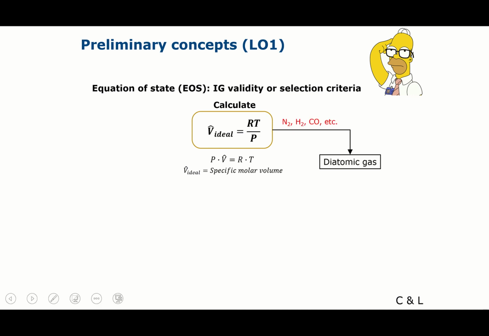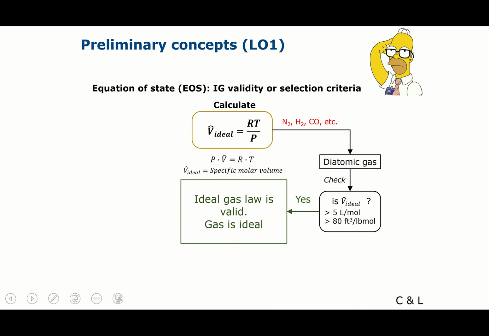If we are dealing with diatomic gases like nitrogen, hydrogen, and carbon monoxide, for diatomic gases we calculate this specific molar volume, and if the answer is greater than 5 liter per mole or 80 cubic feet per pound mole, if the answer is yes, that means ideal gas law is valid in that case.